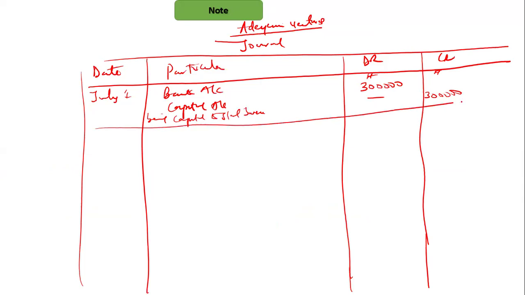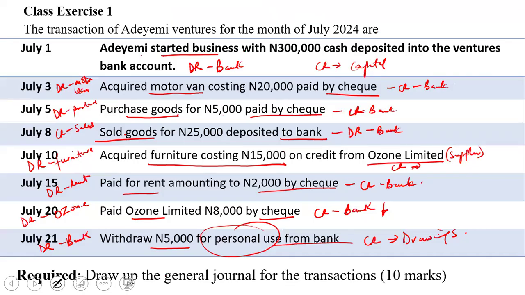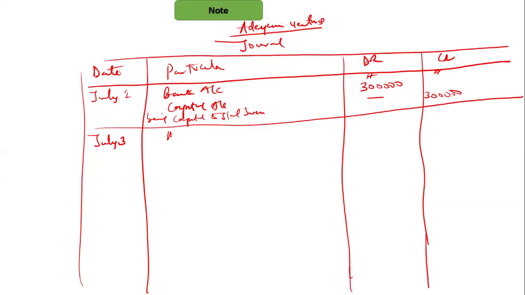Okay, are we moving? Now, what's the next date? July 2. For July 2, what are the two accounts we have? Motor van and bank. So motor van is debited, so we have motor van account, then we credit bank.